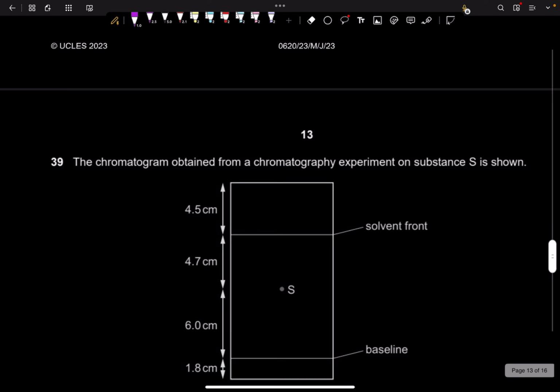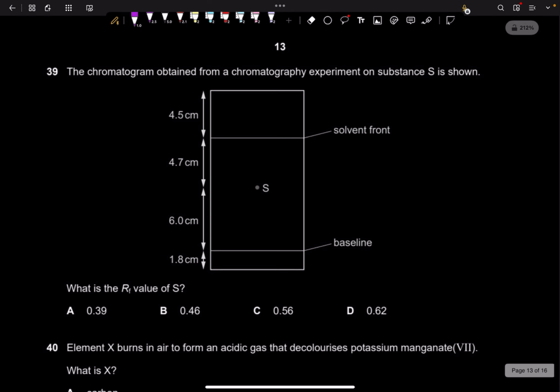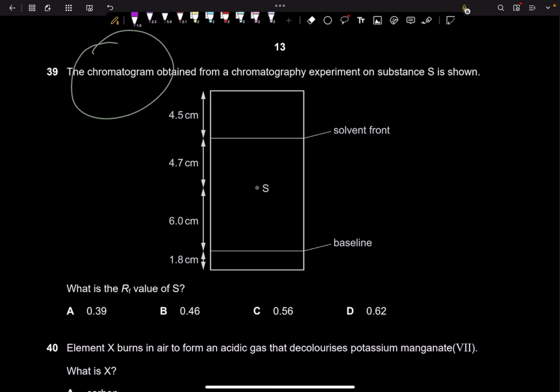Okay, moving on. The chromatogram obtained is basically your chromatography paper with separated components like this, from a chromatography experiment on substance S as shown. Okay, what is the Rf value of S? Rf value is basically, first you take your entire distance from the baseline to the solvent front, in the denominator.